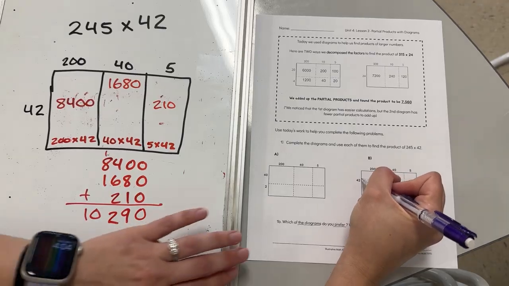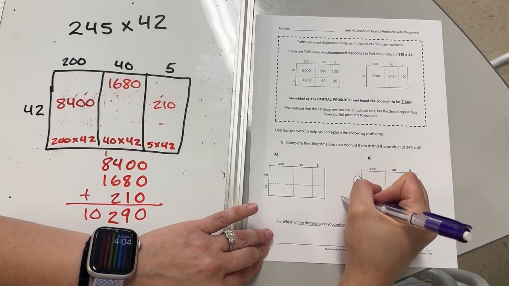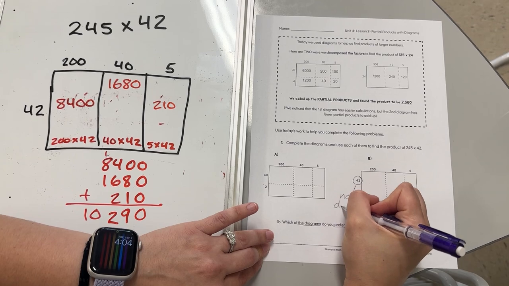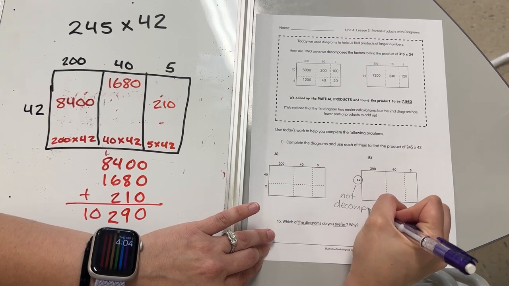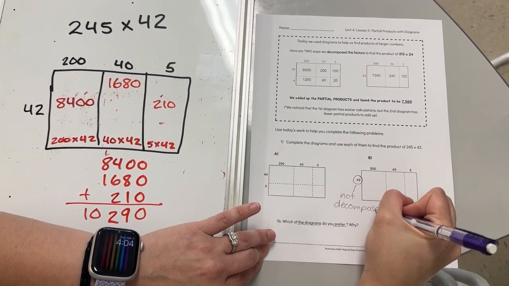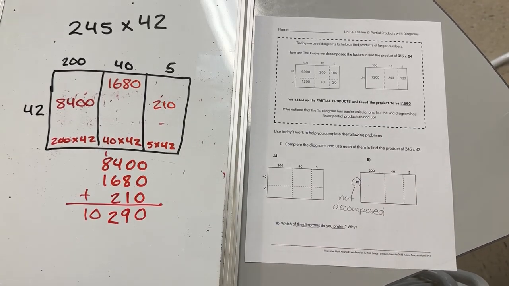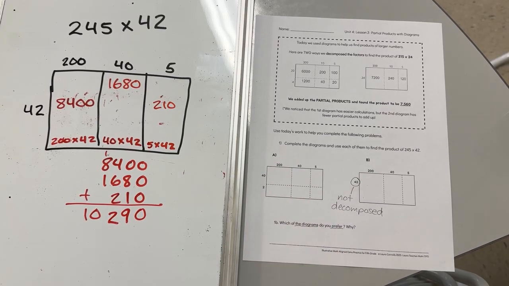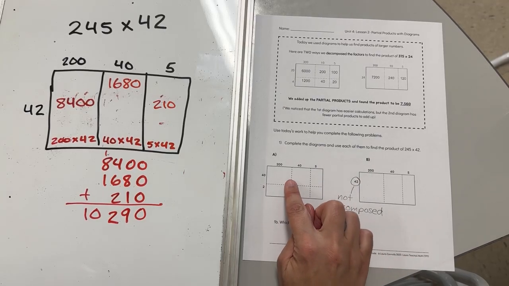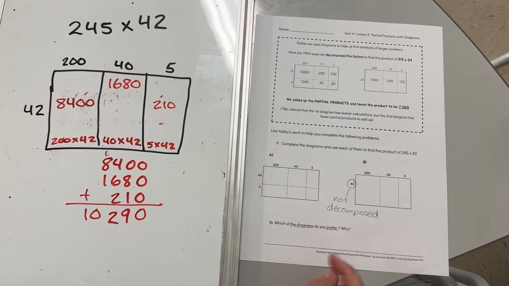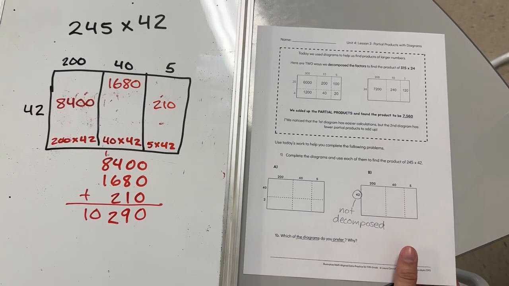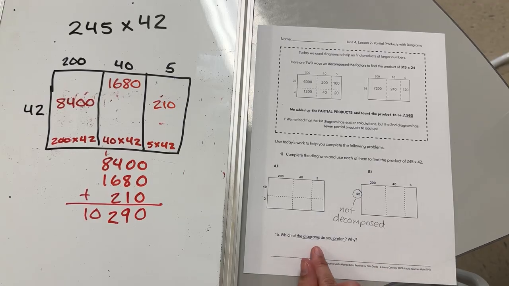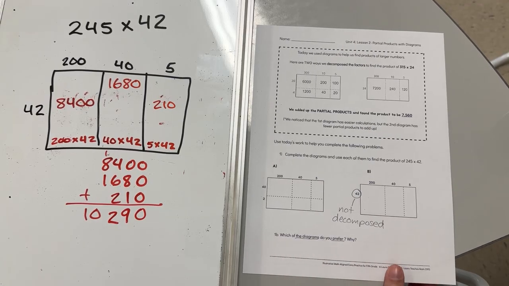I would say because the 42 is not decomposed, it makes it a lot harder for me to solve. And I'm having to do a lot more mental math that isn't as easy as when I'm breaking the 42 into the 40 and 2. So hopefully you were able to fill in both of those area models and pick which one you preferred and why. Remember, you didn't have to pick the same one I picked. It's whichever one you prefer.